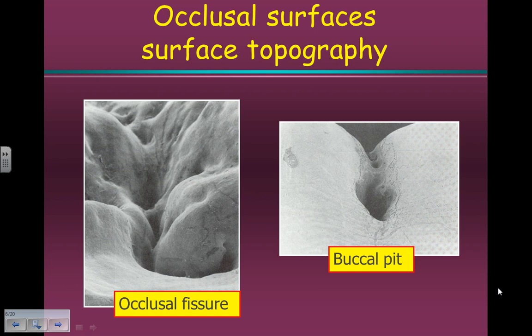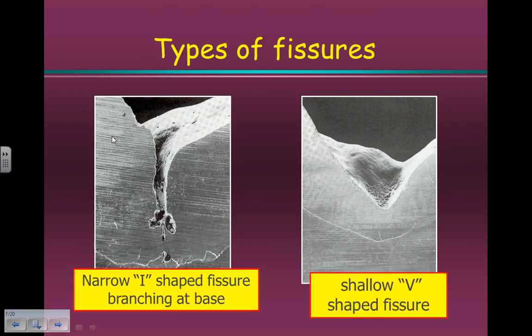The surface topography of occlusal surfaces is very significant. We can take the same topography, if we look on the right-hand side, of a buccal pit and never see caries developed, yet on the occlusal surface, because of food impaction, food retention, bacteria and organic plugs, you'll see caries forming.